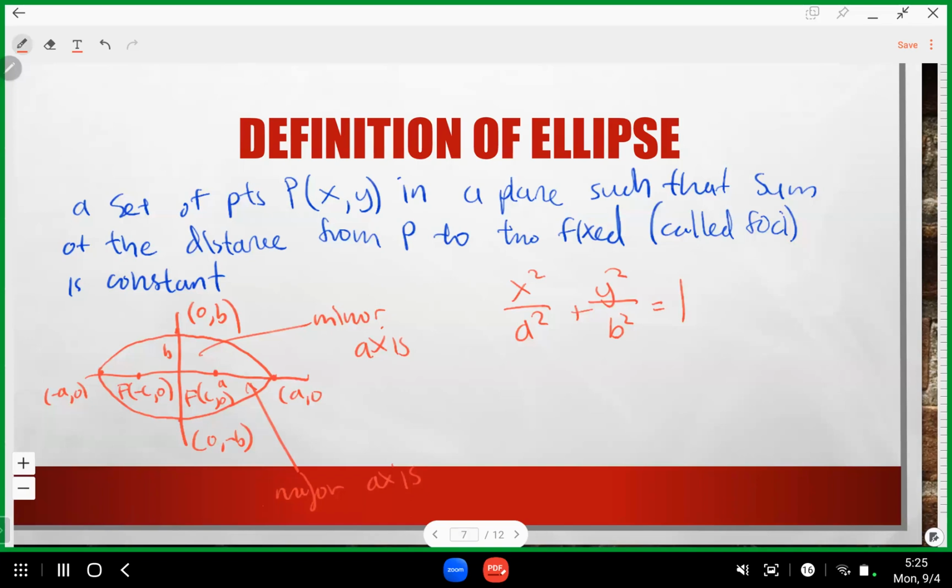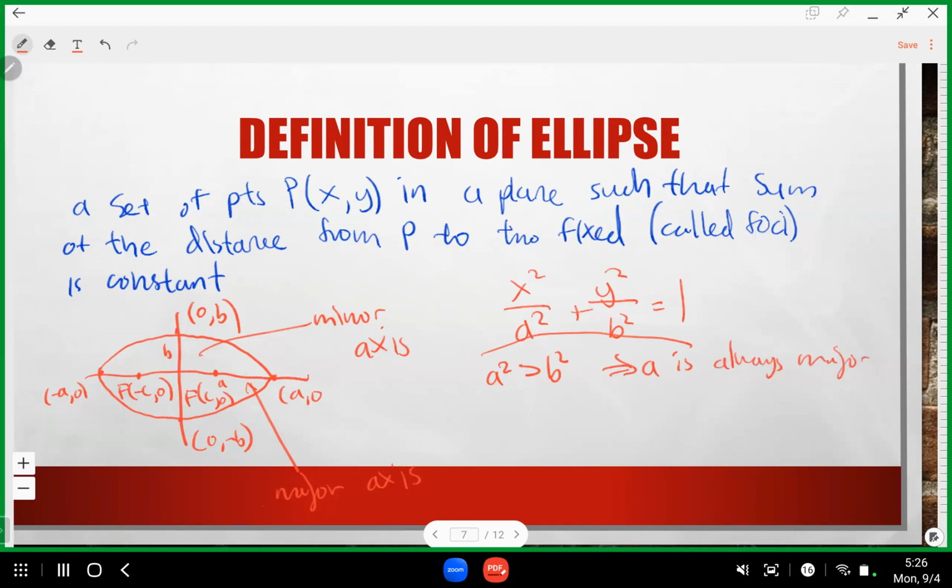That's our equation, and we need to find a and b. The one thing about this ellipse is that a squared is always bigger than b squared. So a squared is always the major axis. Therefore, a is always the major axis.